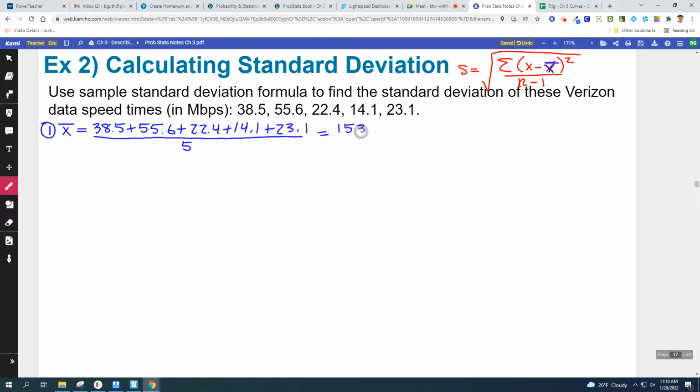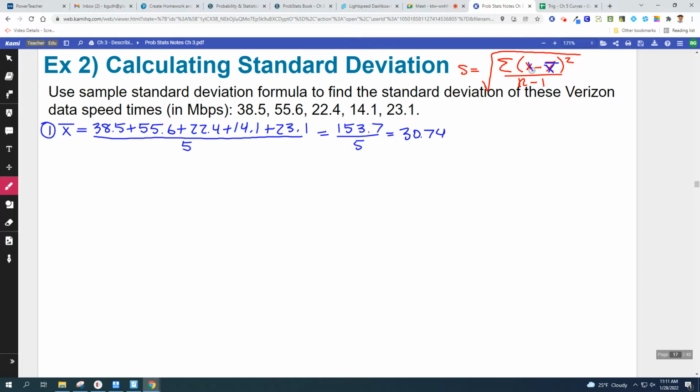I believe we did this same example in the last lesson. 153.7 over 5 is 30.74. Now that is not the standard deviation. We're not even close. That is just the mean of those 5 numbers. Go back to the equation and think about the order of operations.